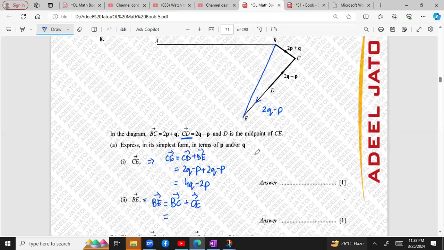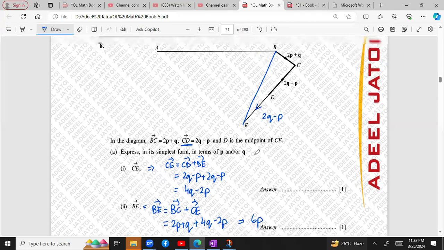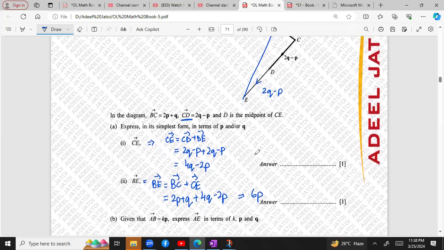So BC is 2P plus Q and CE is 4Q minus 2P. Sorry, let me correct this.